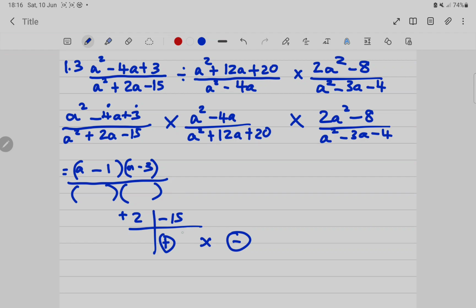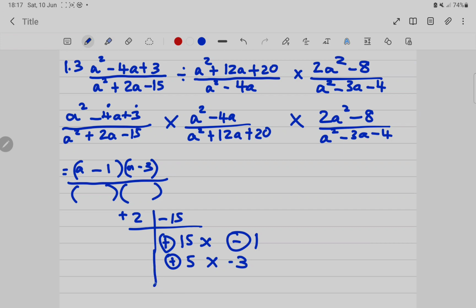Okay, so the factors of 15, there are a lot of factors of 15, like 15 times 1 or 5 times 3. So we'll say the bigger number is going to be positive, 5 times negative 3.